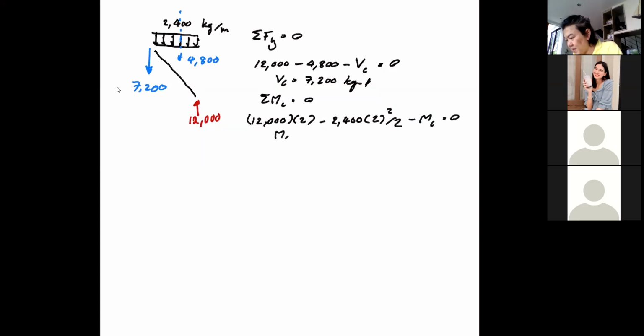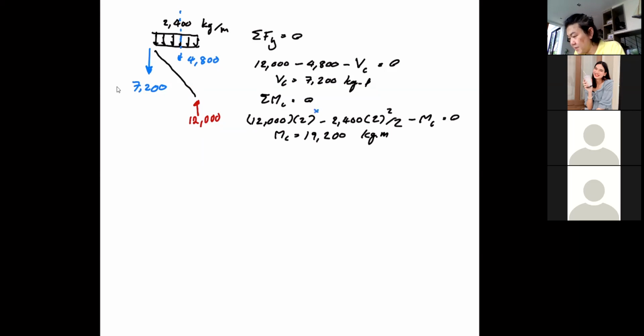So MC is going to be equal to 19200 kilogram meter.